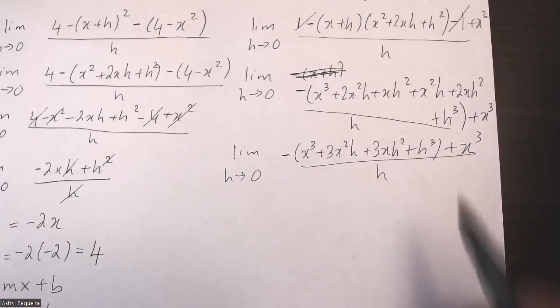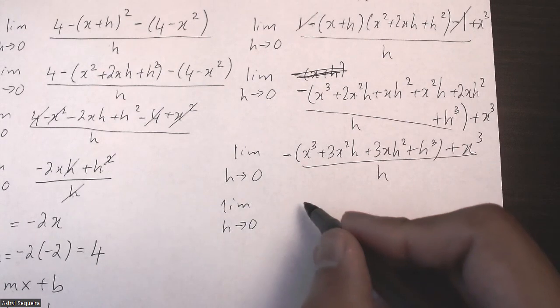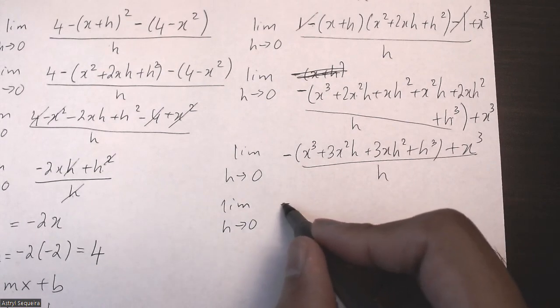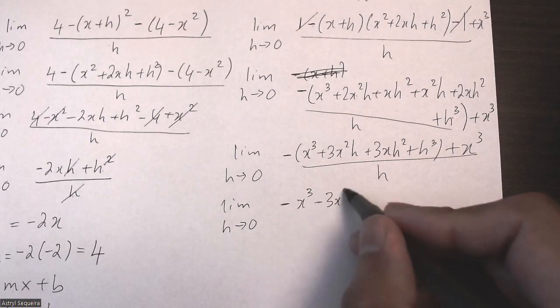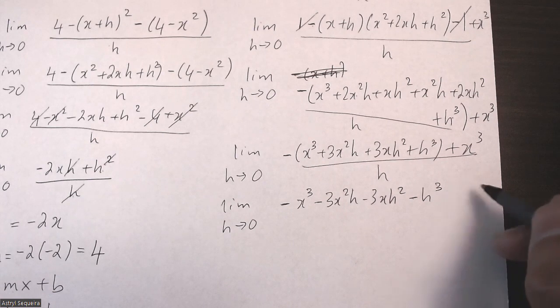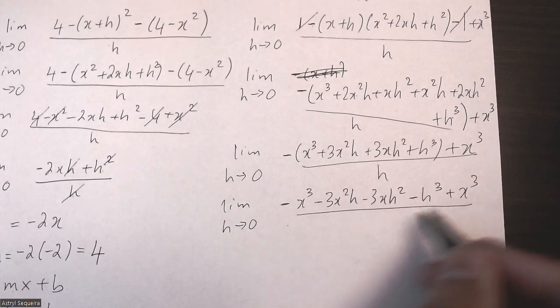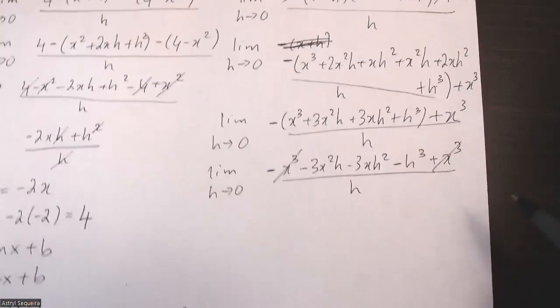I'll distribute this negative into this bracket now. So I have negative x cubed minus 3x squared h minus 3xh squared minus h cubed plus x cubed divided by h. Negative x cubed and positive x cubed cancel out.